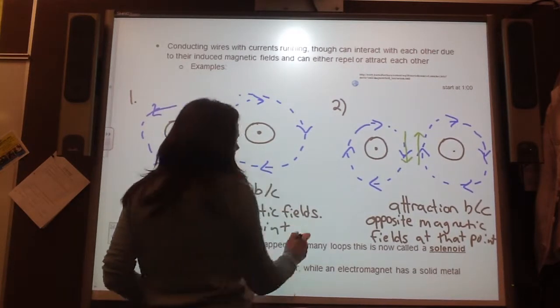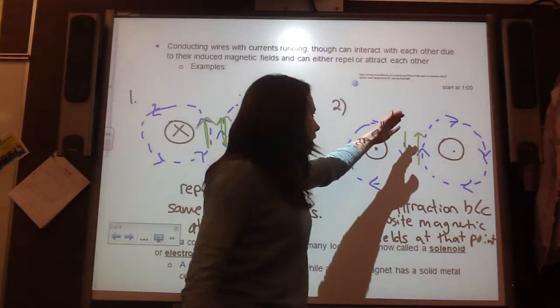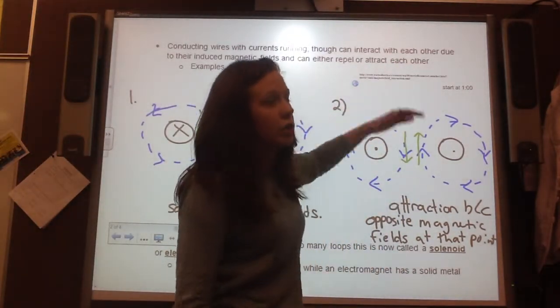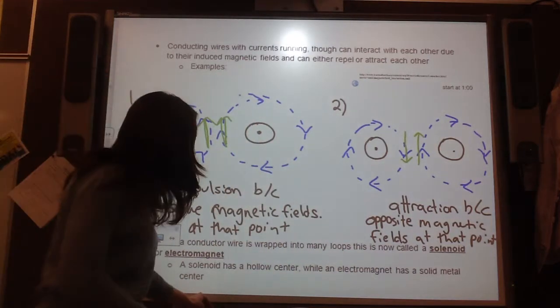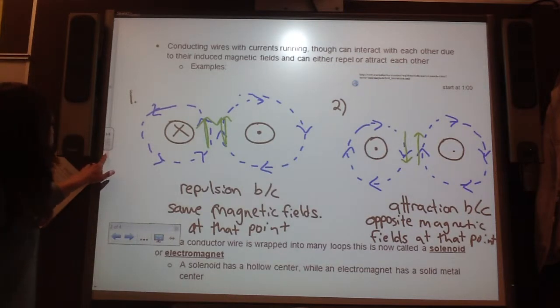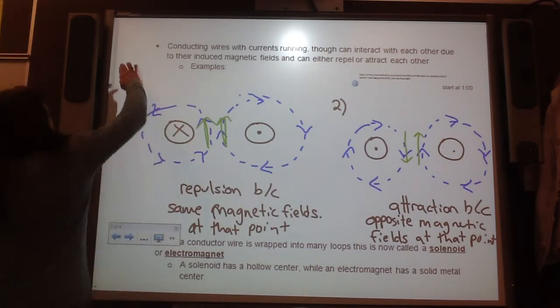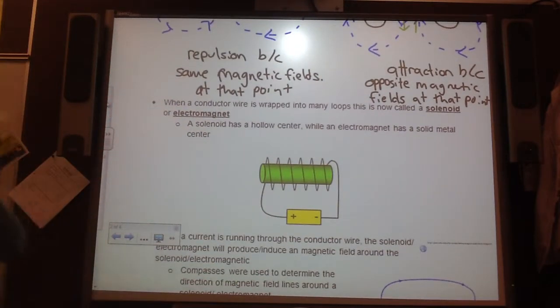Because it's not that the magnetic fields are, they obviously have the same rotation of magnetic field, but at that point the arrows are different. Is that clear? Okay.